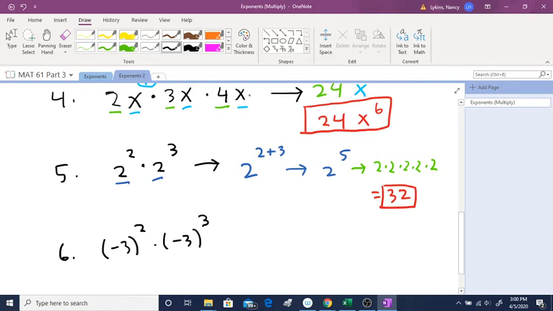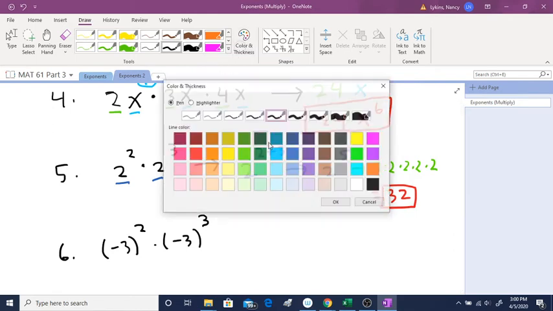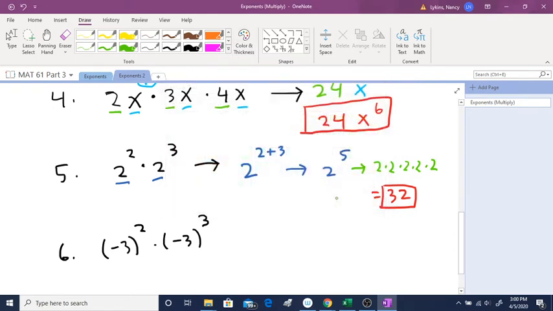Let's take a look at this one. You got negative 3 squared times negative 3 to the 3rd power. So when we're looking at a problem like this, the bases are the same.